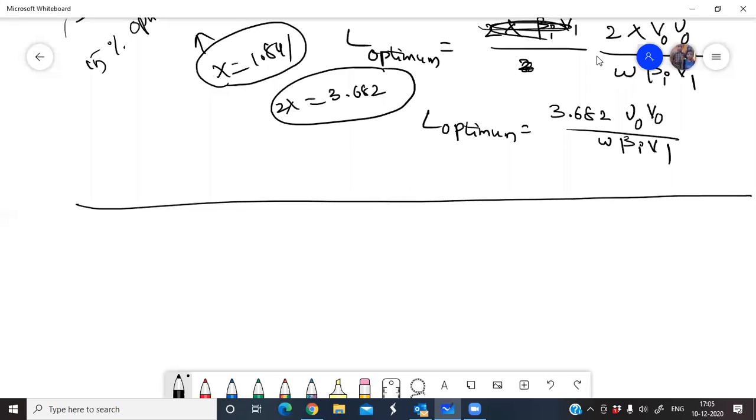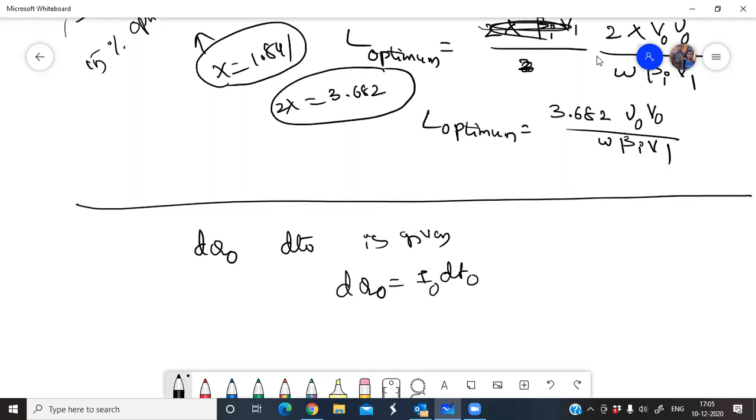Now at the buncher gap, a charge dq naught passing through the time interval dt naught is given by, already we know the formula, dq naught equal to I naught dt naught, right?